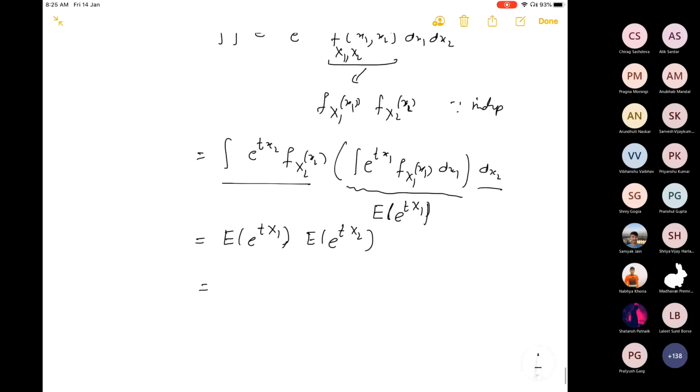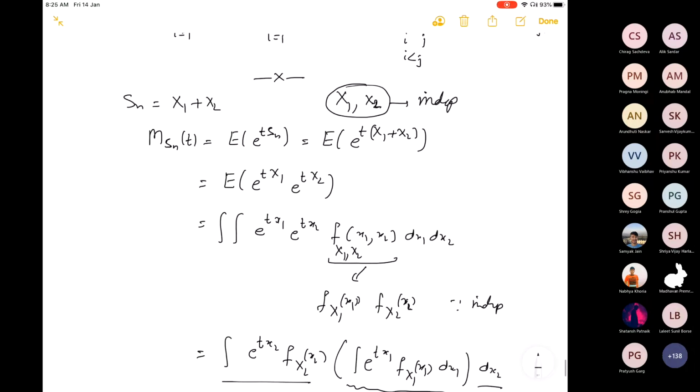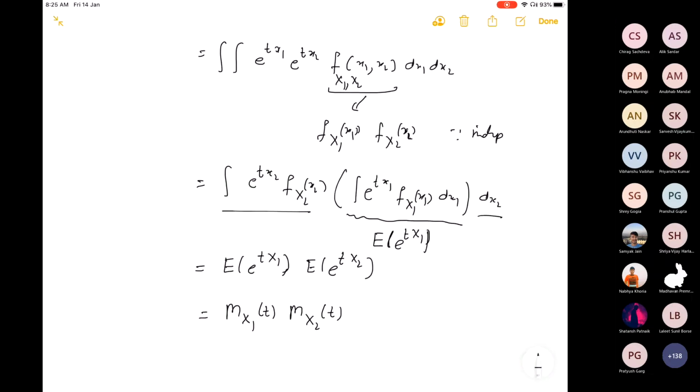This is nothing but the moment generating function of x1 at t. This is the moment generating function of x2 at t. Okay, so we have shown that if x1, x2 are independent, then the moment generating function of the summation can be written as the product of their moment generating functions.